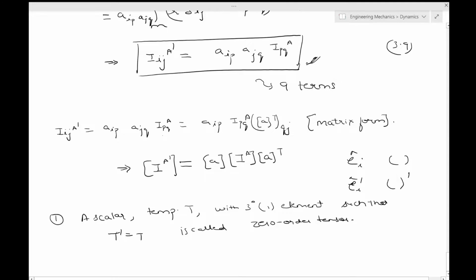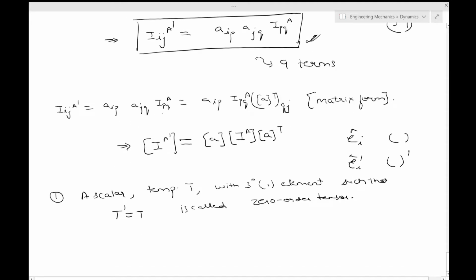And if you put temperature in this law, you will find that the temperature in the transformed coordinate system and the original coordinate system is exactly the same. So this is a zeroth order tensor. Say you have a vector, like the position vector r, with 3 to the power of 1, which is 3 elements.